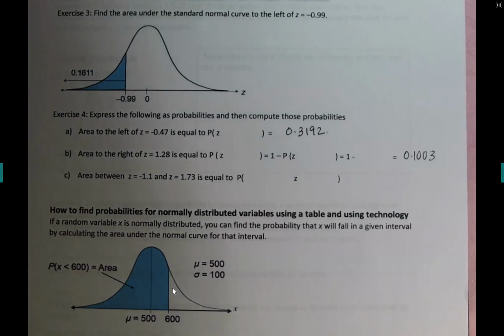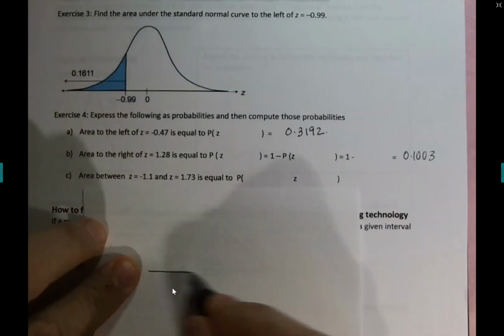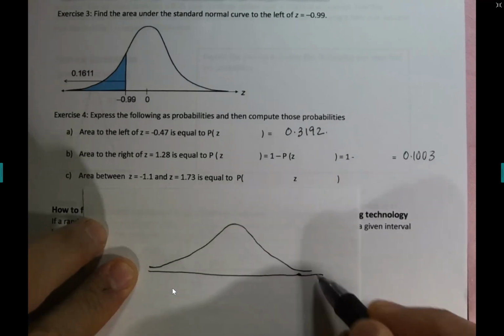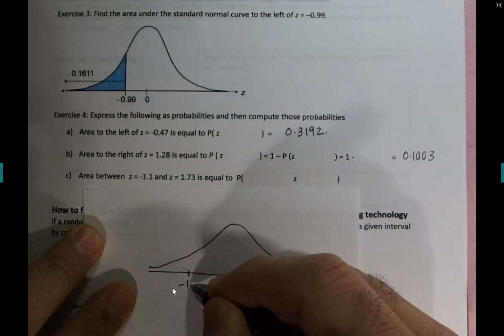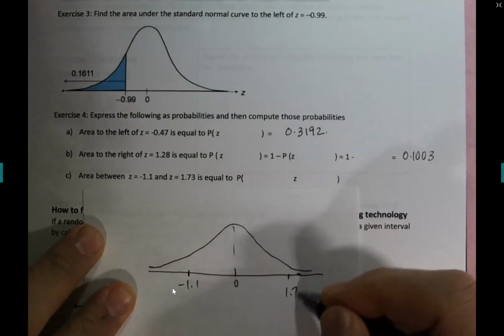Okay, now the area between negative 1.1 and 1.73. This is new. We haven't done in-between, but let me see if students can pick this up. So negative 1.1, it has to be on the negative side. 1.73 is going to be on the positive side.